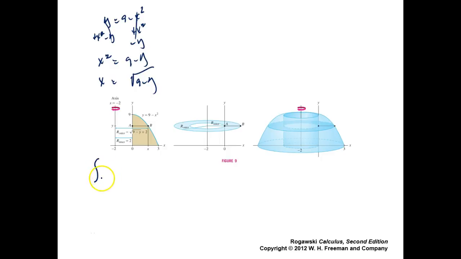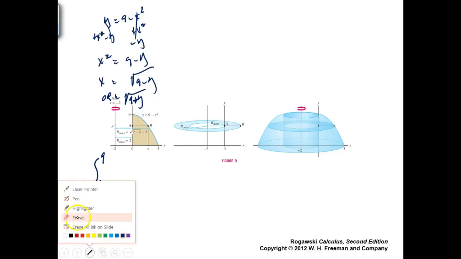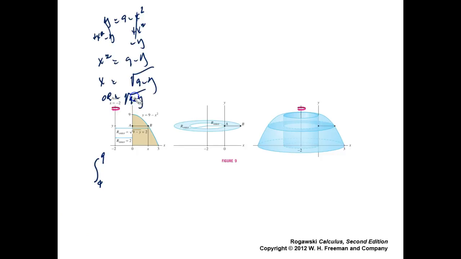The integral is going from 0 to 9 because we're doing dy's here. Your outer radius is equal to the square root of 9 minus y, that's pretty ugly, plus 2.